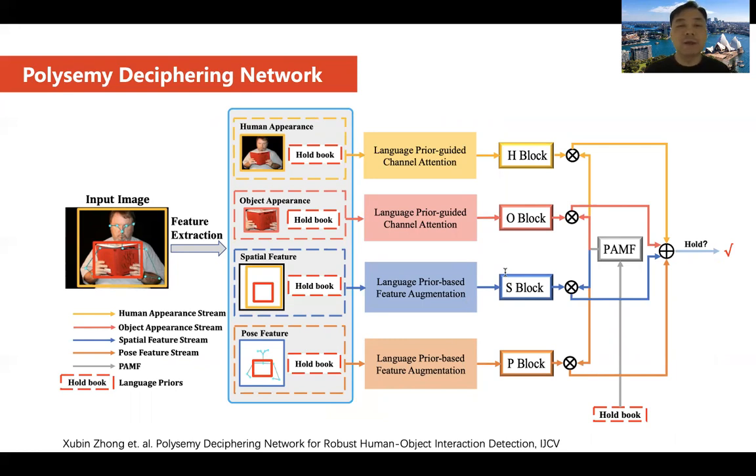The polysemy deciphering network largely improves the verbal recognition for HOI detection. Specifically, the newly designed network introduces several modules, including language prior guided channel attention, language prior based feature augmentation, and polysemy aware model fusion to obtain polysemy aware features, and thus ease the verbal polysemy problem.